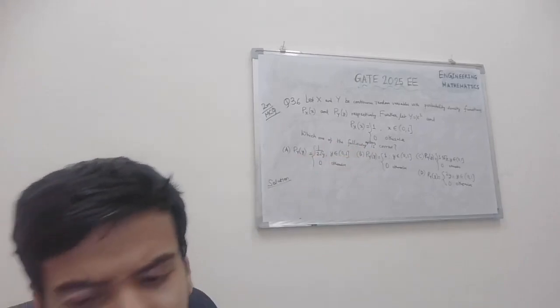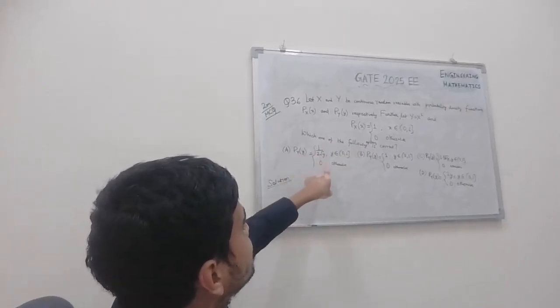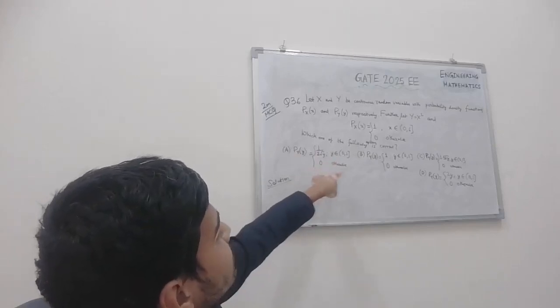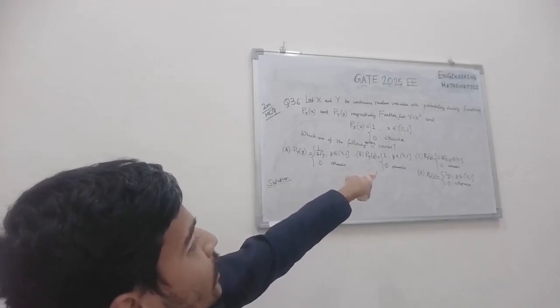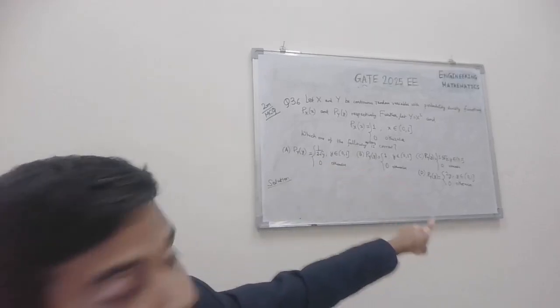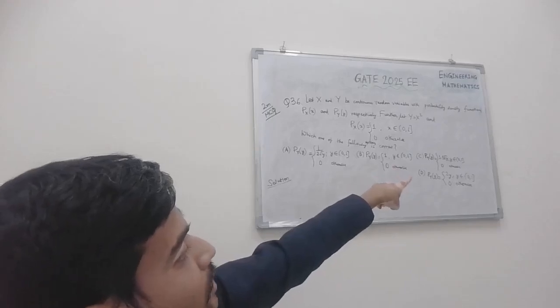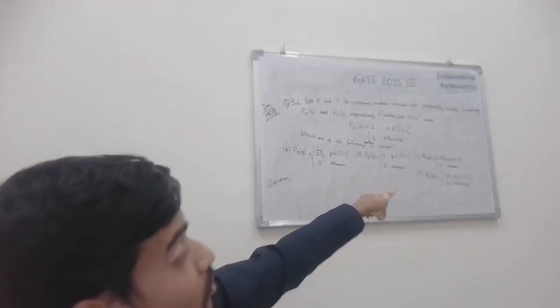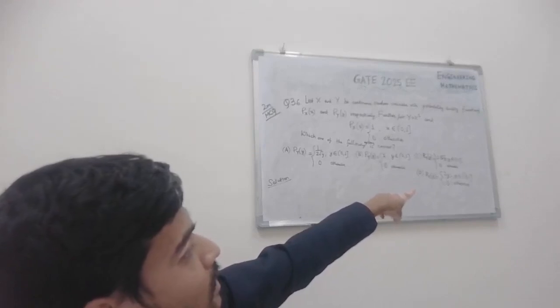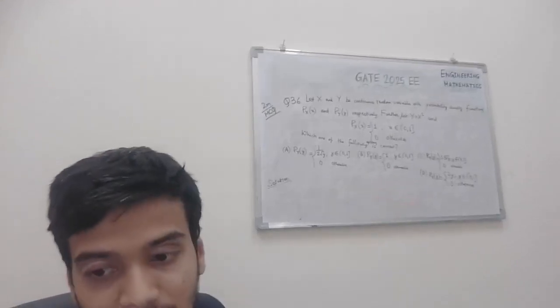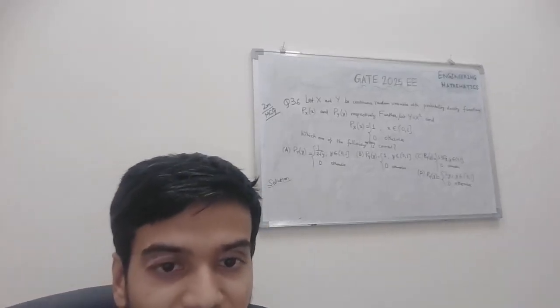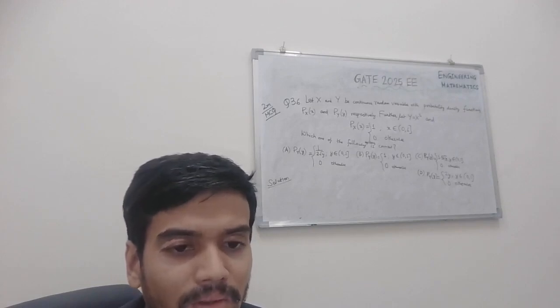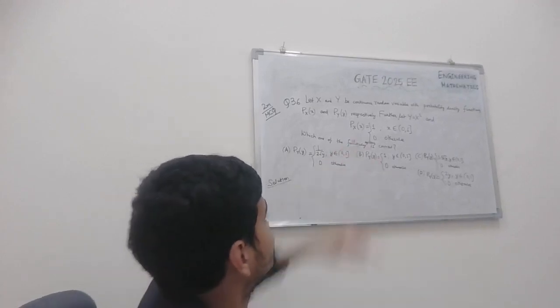Which of the following options is correct? Four options are given for the probability density function of y, and you have to choose one based on the probability density function of x.